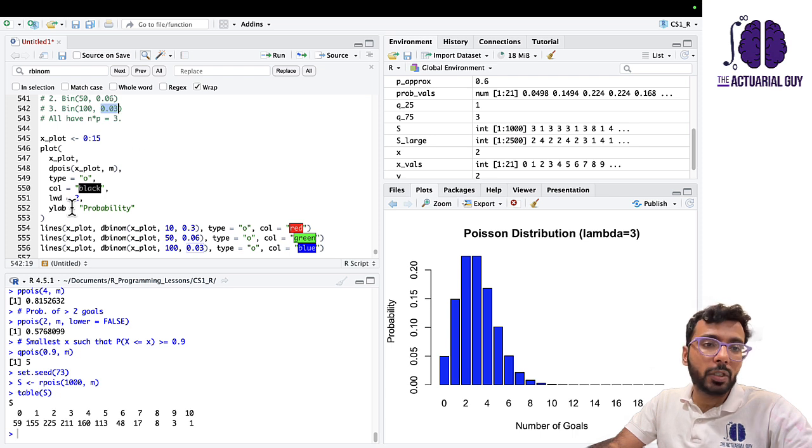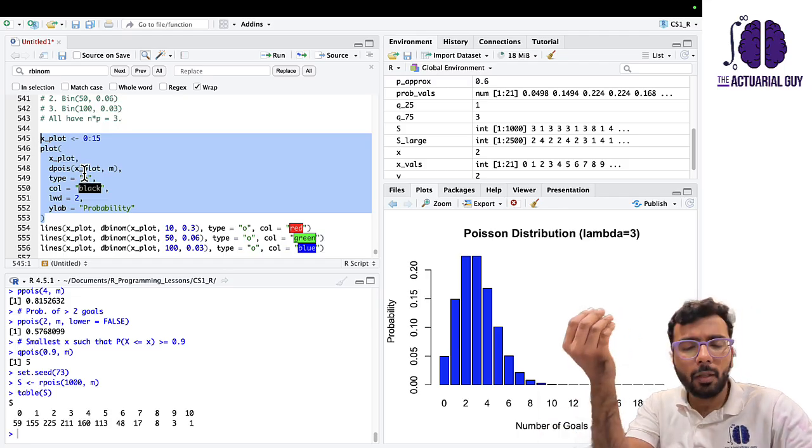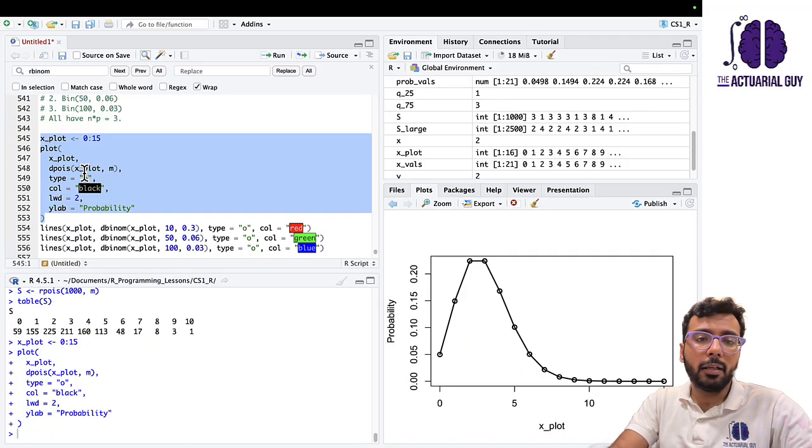So let me just plot out the Poisson distribution first here. We are plotting the values from 0 to 15. In a Poisson 3 distribution, what is the probability of observing 0 events, 1 event, 2 events, all the way up to 15 events? So this is what your Poisson distribution looks like, fairly standard stuff, and the plot function is also standard.